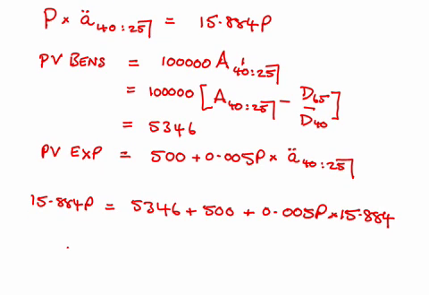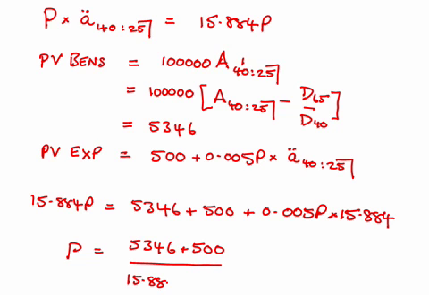Rearranging this then, we see that P is equal to 5346 plus 500, all divided by 15.884 multiplied by 0.995, which equals 370.